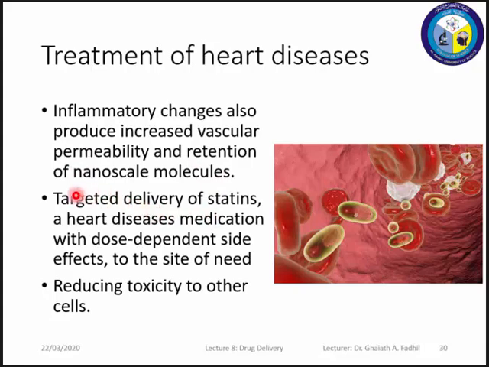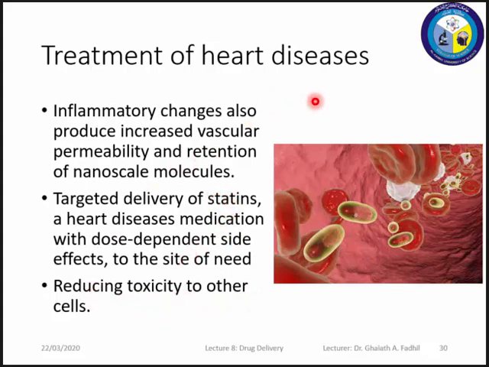One of the medications used for heart diseases is statins, and this is a very critical medication. It is very dose dependent, and it has major side effects, and using drug delivery for this medication can be very helpful in reducing these side effects and reducing the toxicity of this medication to other cells.